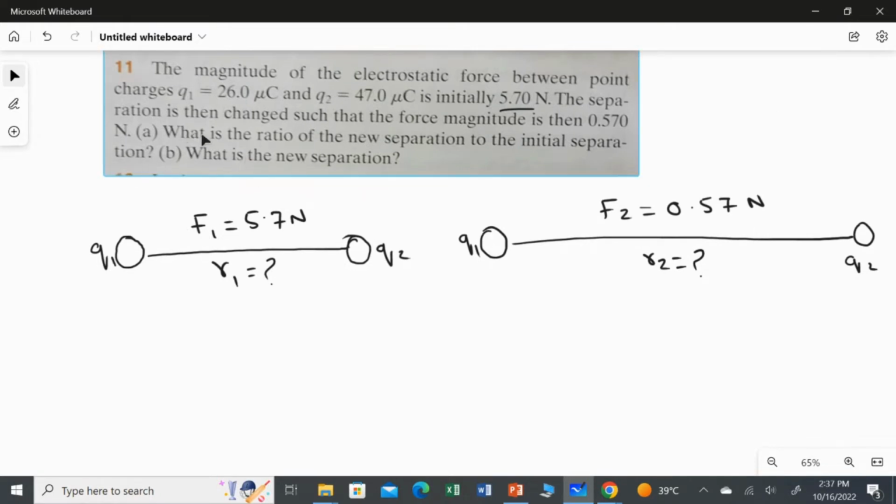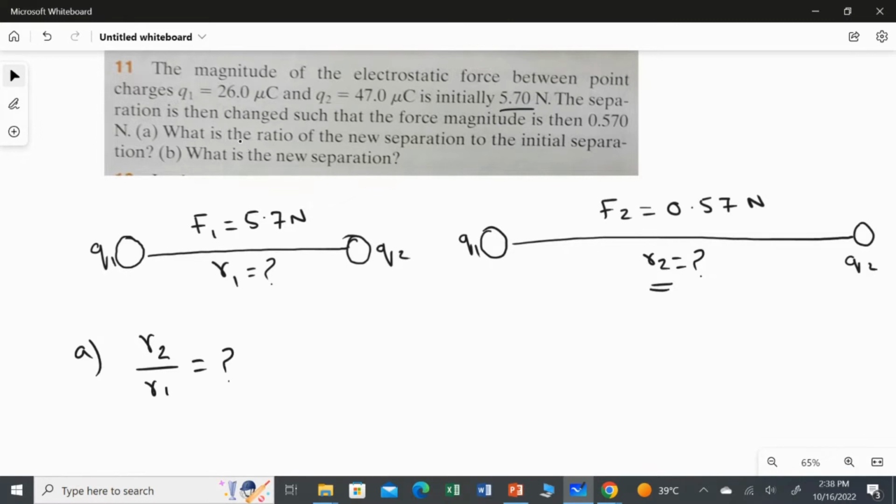Because this question has two subdivisions, in the first subdivision we are going to find the ratio of the new separation to the initial separation. What is the new separation here? The new separation is R2, because if you read the second line, the separation is then changed. That means the new separation is nothing but R2. What is the old separation? The initial separation, R1. So they are asking about the ratio.